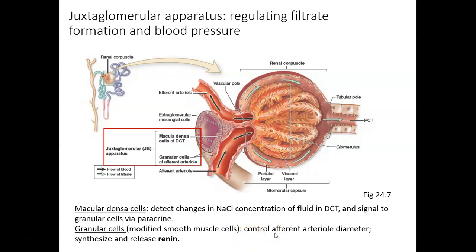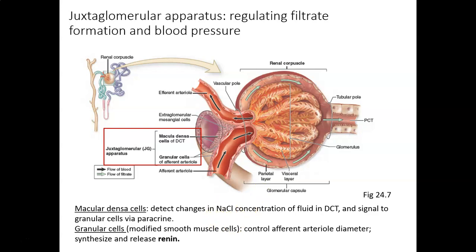What do you think the smooth muscles do surrounding the blood vessel? They could actually contract or relax, thereby controlling the afferent arteriole diameter, right? That's the classic smooth muscle action, contraction or relaxation.